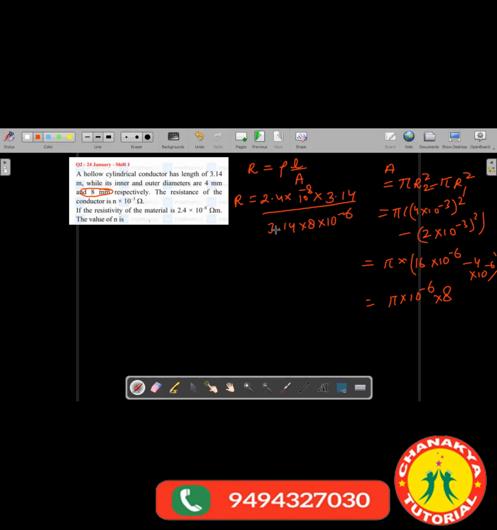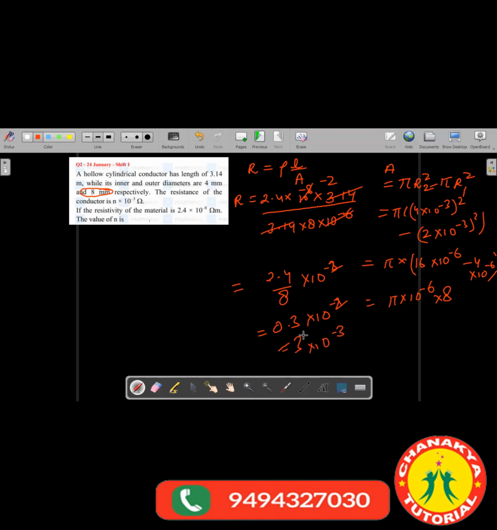So you have 3.14, 3.14 cancelling, 10 to the power minus 6 and 10 to the power minus 8. So you will be left with just minus 2. And you can have 2.4 by 8 multiplied 10 to the power minus 2. You will get here 0.3 multiplied 10 to the power minus 2. Sorry, these are minus 2. And you get 3 multiplied 10 to the power minus 3.